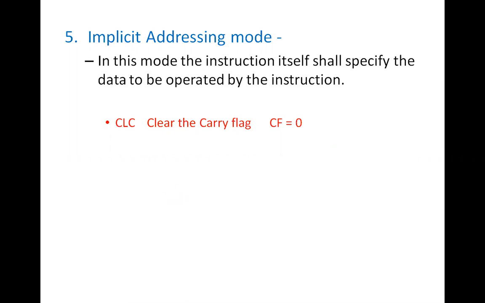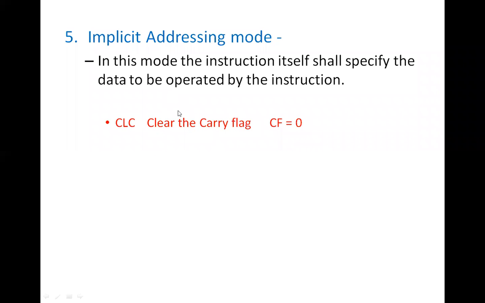There is no need to specify the operand in that case. For example, CLC is an instruction which clears the carry flag. It is not necessary to define an operand, only the opcode is more than sufficient. Whenever we write CLC, it implicitly means that the carry flag has to be reset.